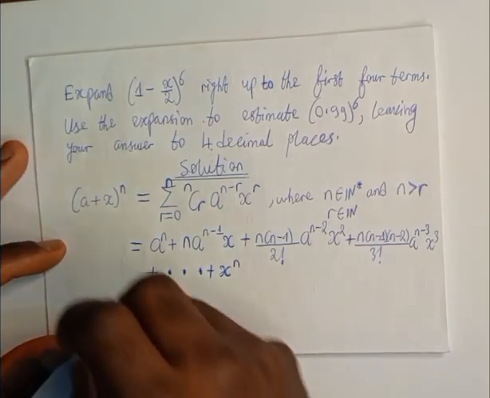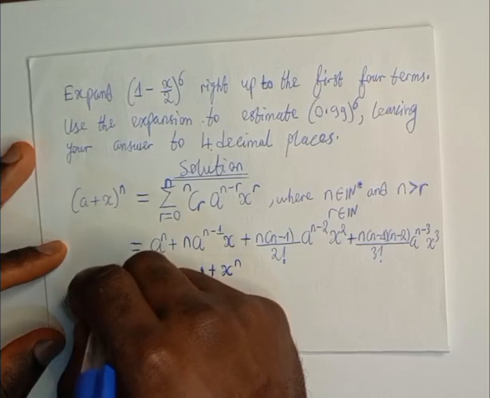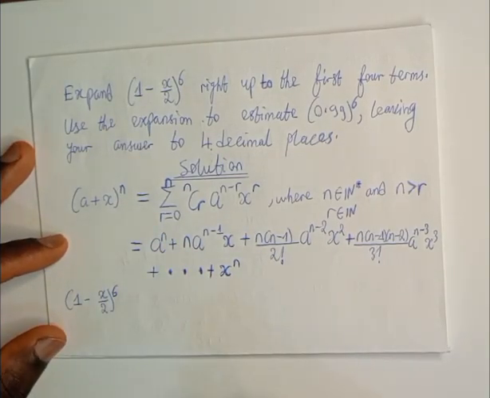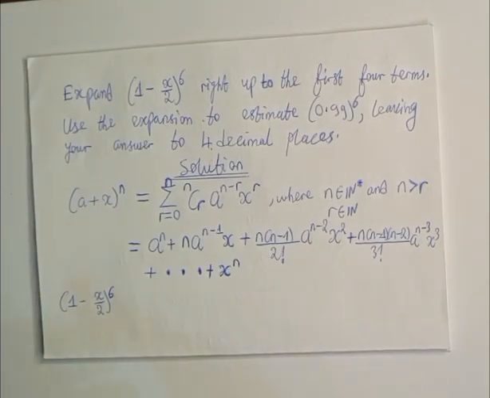Okay, now if you take the given problem, we have been asked to expand (1 minus x over 2) raised to the power 6 right up to the first 4 terms. That means when we obtain the first 4 terms, we are going to hold on with the expansion.